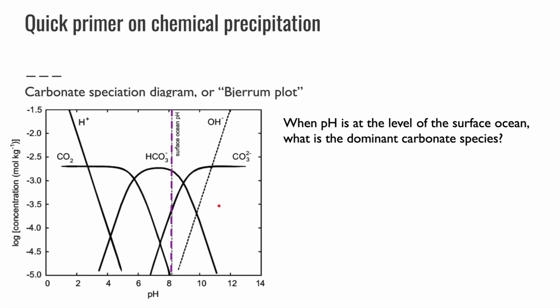We can draw a line on here at the pH of surface oceans, about 8.2, and we can see that the dominant carbonate species is bicarbonate because it's in the highest concentration here. Following this line down further, next is carbonate ion, and then way down here is where it intersects with CO2.